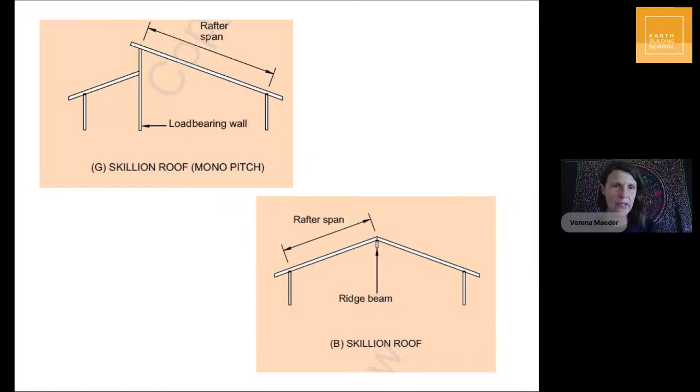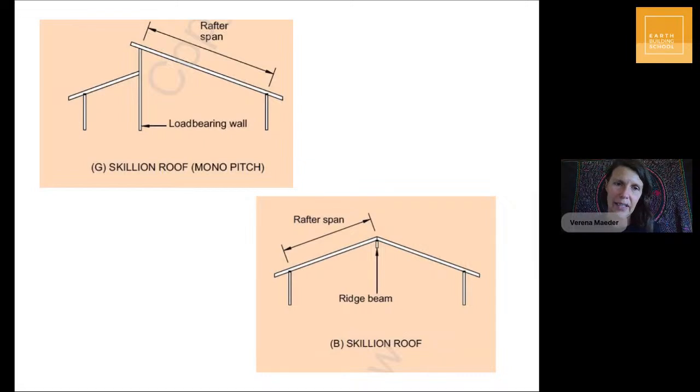And I've put this in to show you a couple of different options for roof shapes. The one on the bottom right again has a ridge beam, and it has timber members that then go over to either side of the building, resting on the walls.